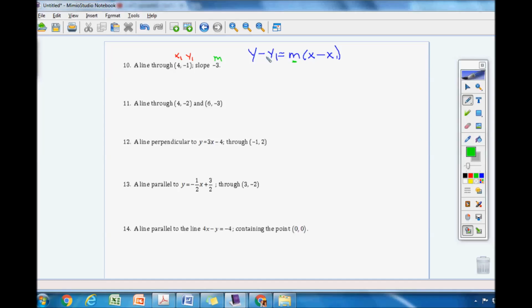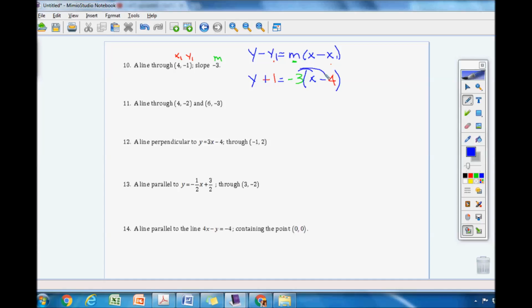So I get to plug all this in. Okay, there and there. I'm just going to go directly below it. So y1 is -1, and x1 is 4, and my slope is -3. And now I'm going to go ahead and write the equation. So it's y minus -1, so plus, and then I have the slope, and then it's (x minus 4).